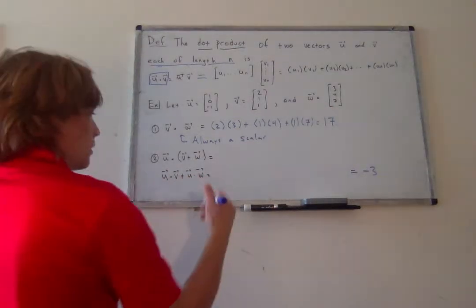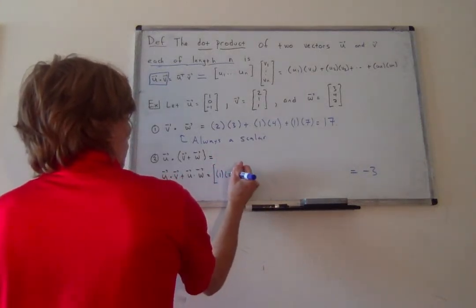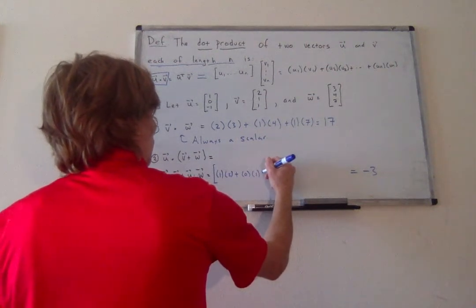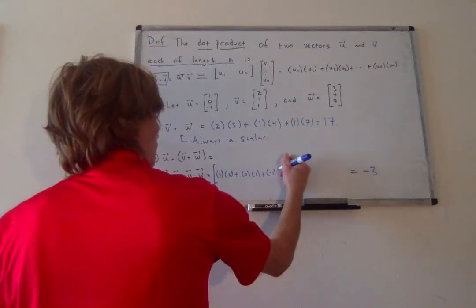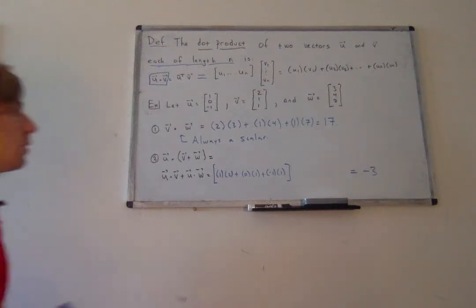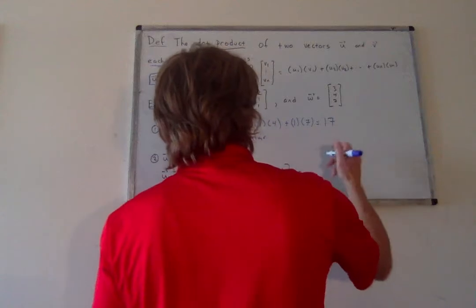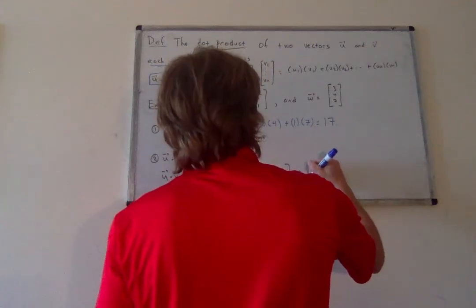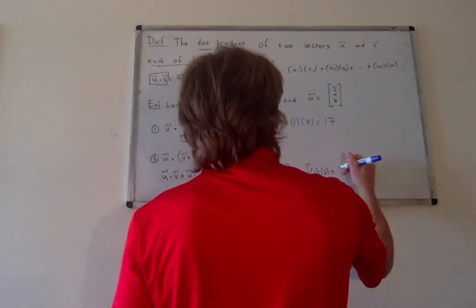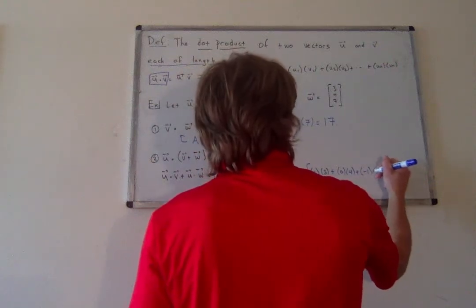So let's see if we can do it. u dot v is equal to 1 times 2 plus 0 times 1 plus negative 1 times 1, and then u dot w is equal to 1 times 3 plus 0 times 4 plus negative 1 times 7.